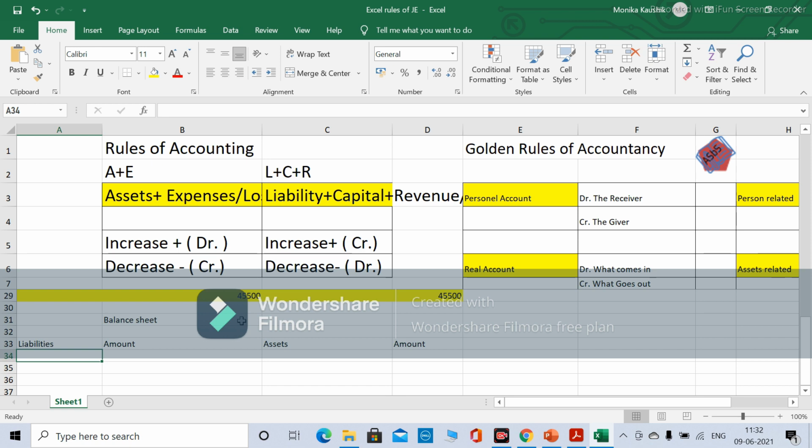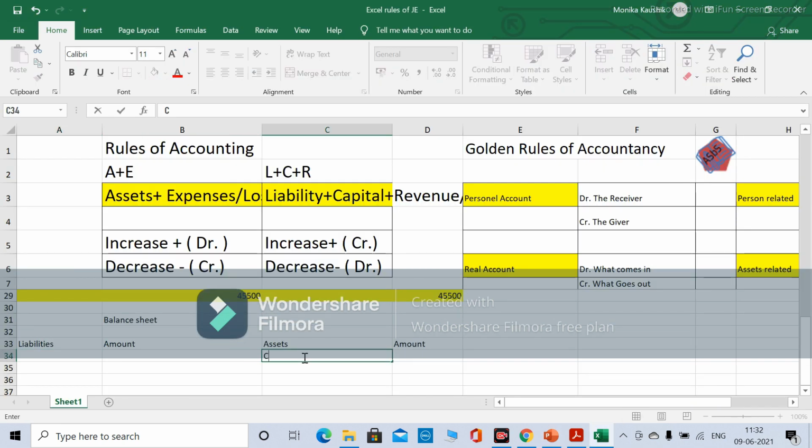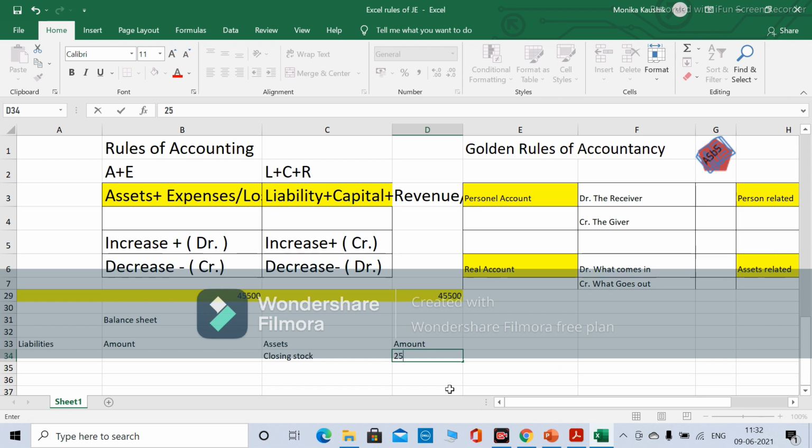Okay, so let's prepare. First of all, I am adding this closing stock in the current assets. Closing stock 2,500.